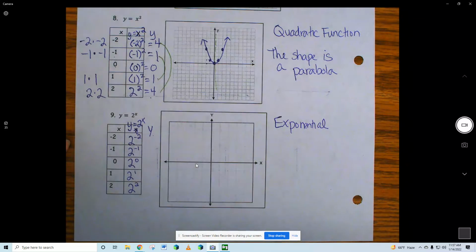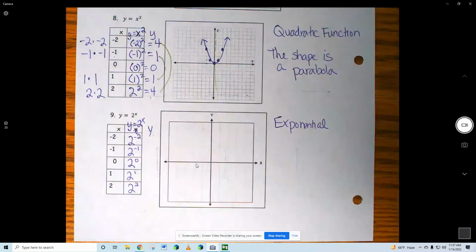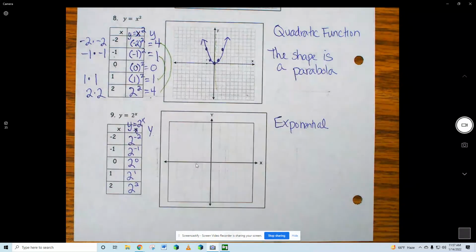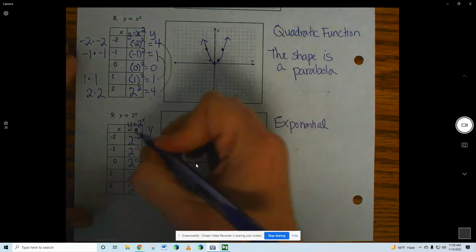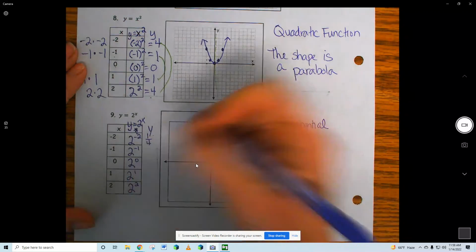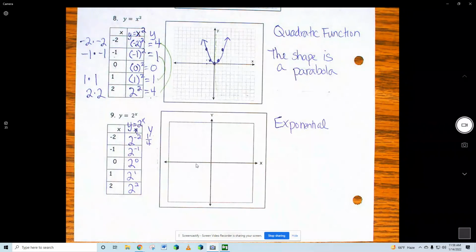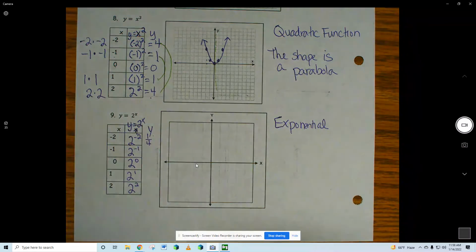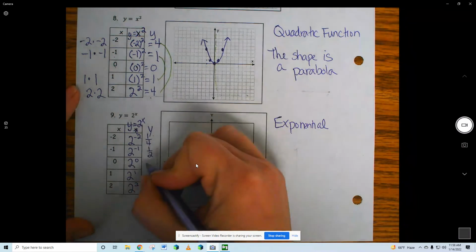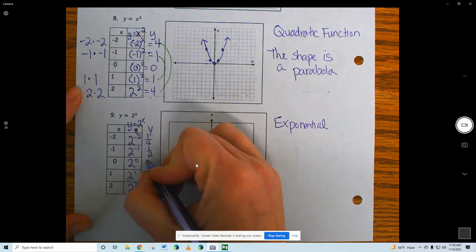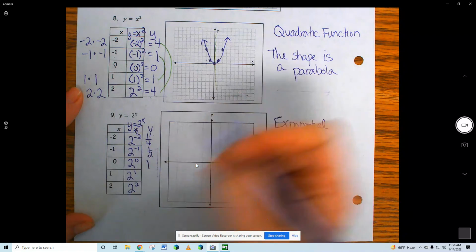I already did that on the front. What's 2 to the negative second? 1/4. 2 to the negative first. 1/2. Anything to the 0 power is? Ooh, 1.